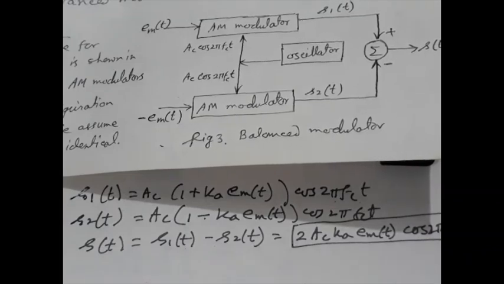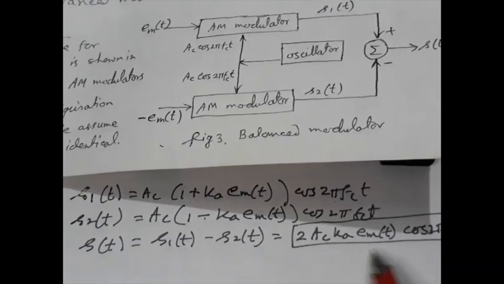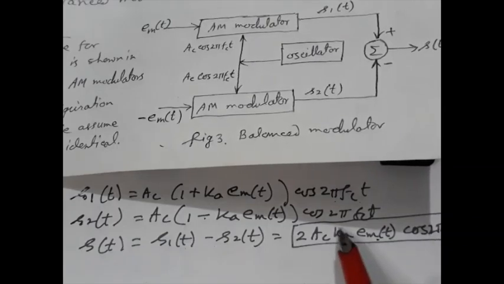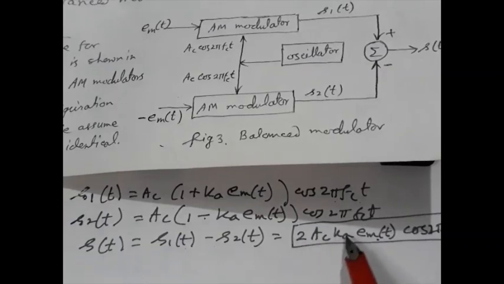If you see this expression carefully, there is no carrier part. The carrier is absolutely nullified. So we have the product of the message signal with the carrier. These are nothing but constants. You can change this constant with the help of an amplifier or attenuator.